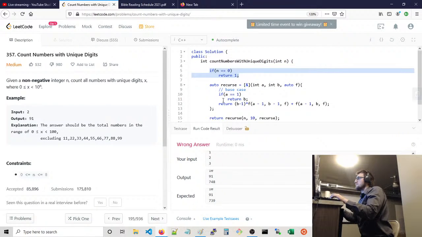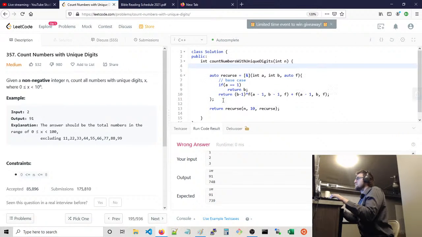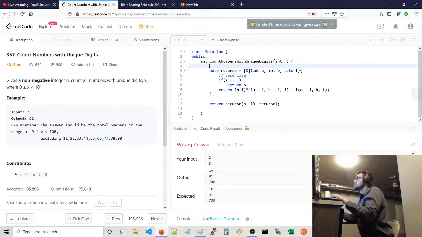We'll just write a small permutation function. I'll also make this unsigned, so I don't have to check.